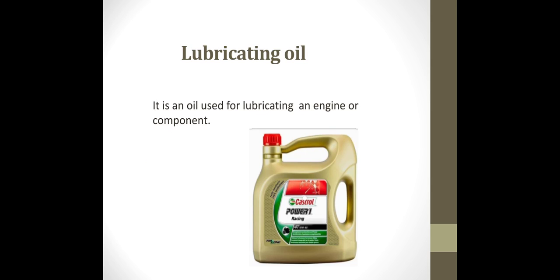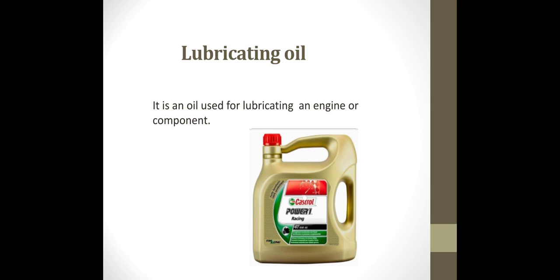Okay. Now let's see about lubricating oil. What is lubricating oil? Have you seen something like this being poured in your motorcycle or scooter? You have seen, na? So such oils are called lubricating oil. What does it basically do? It lubricates, or it is an oil used for lubricating an engine or component.